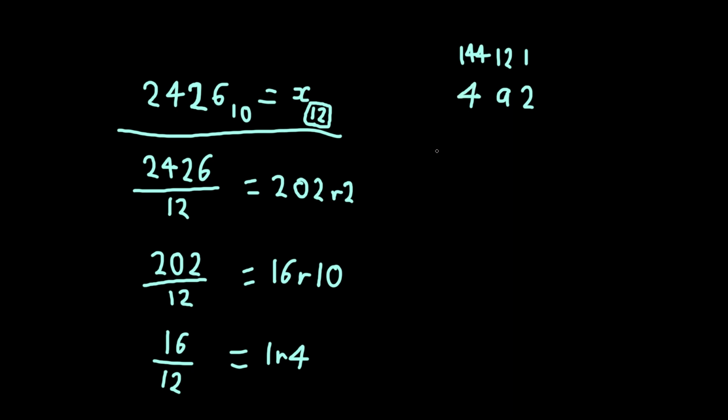And we know that the next number to iterate is 1. So 1 over 12 is just 0 with a remainder of 1, because 1 is what's left over that can't go into 12. So we've hit the end, and we know the next digit to write down is 1.